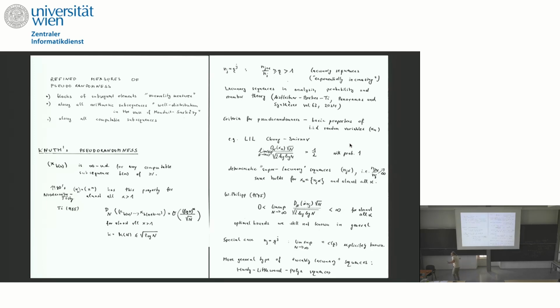And Knuth asked the problem, do such sequences exist? And in my first work with Harald Niederreiter many, many years ago, we could prove this conjecture of Knuth in an unfair way, of course. The unfair way is again probabilistic and measure theoretic.